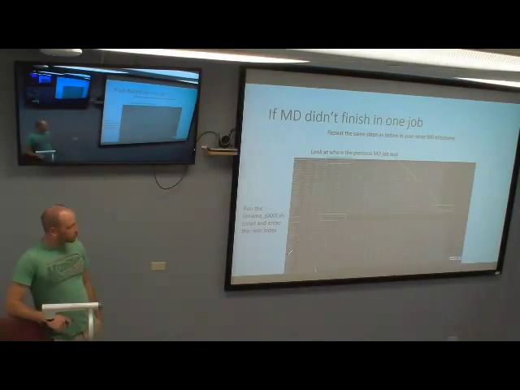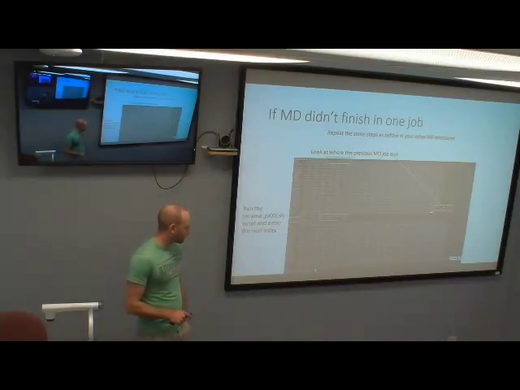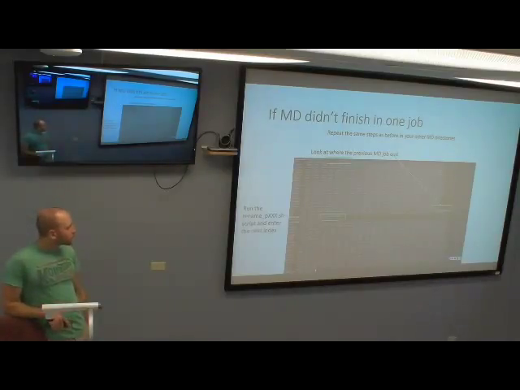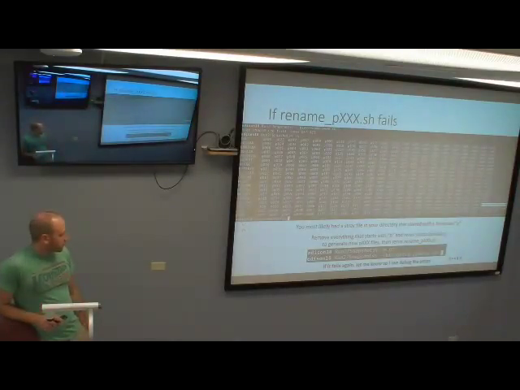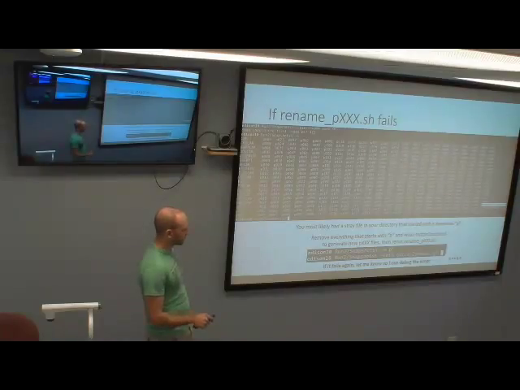In your second run of molecular dynamics, you're going to get P000, P001, P002, all that again, so you need to shift all of those. So I wrote this script, rename PXX, so that all you need to do is give it the first index that should appear in your new directory, and it will rewrite all of the P whatever files for you.